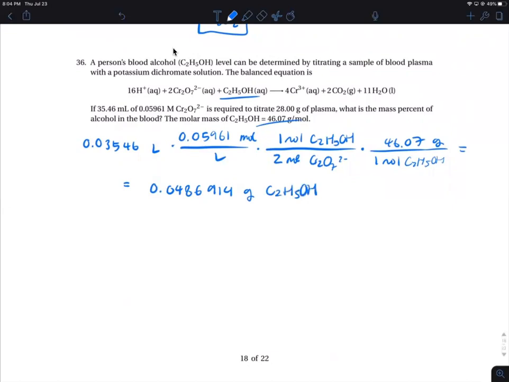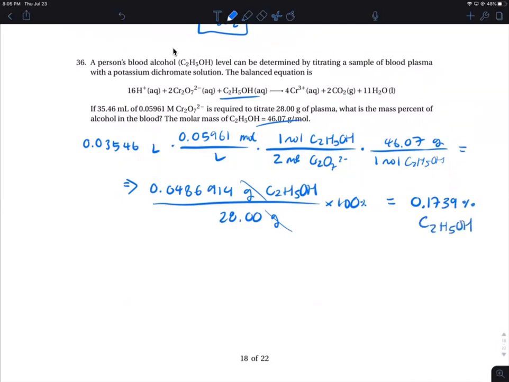So we can go ahead and find the mass percent just by dividing this number by the initial mass of the sample, which was 28 grams, times 100%. This will cancel and we'll get 0.1739% of alcohol.